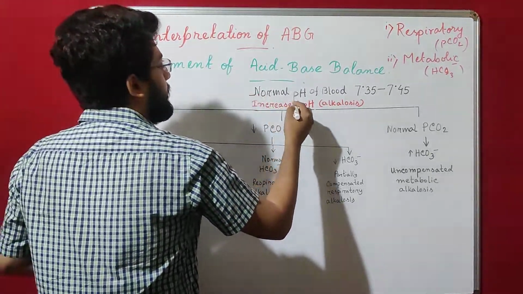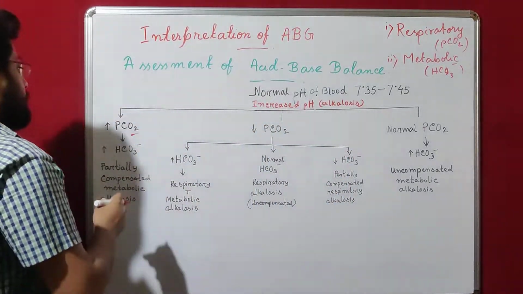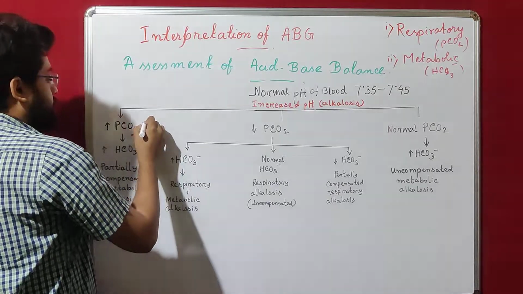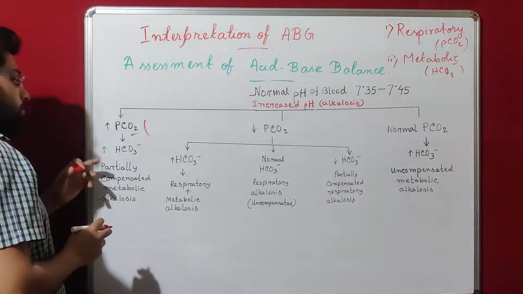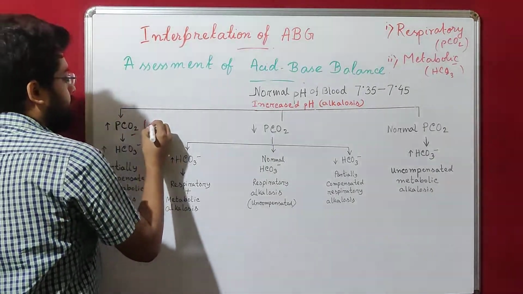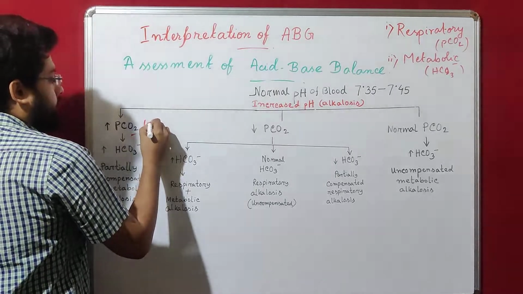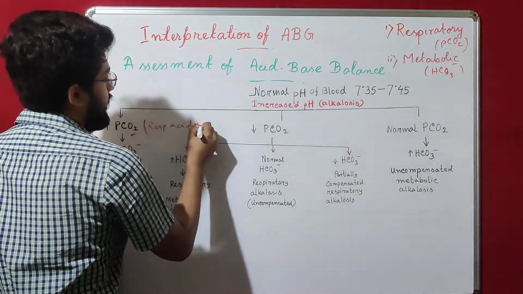But from the pH you already know that the patient is in alkalosis. So there is no respiratory component of alkalosis; instead, a respiratory acidosis component is present.